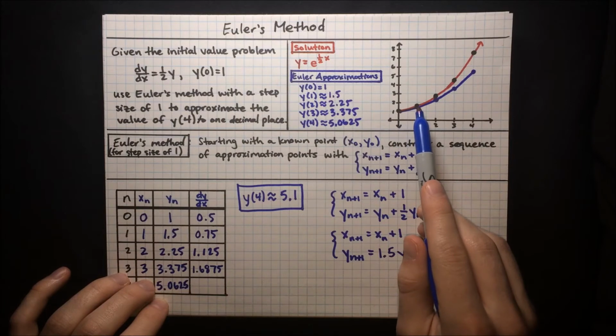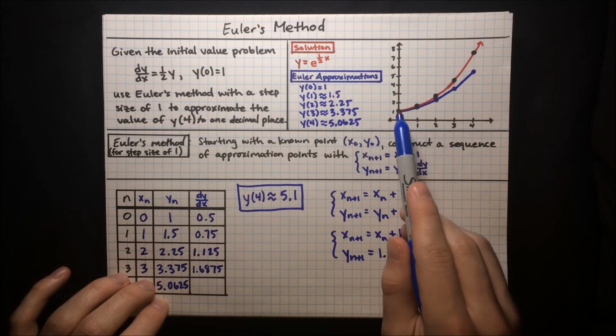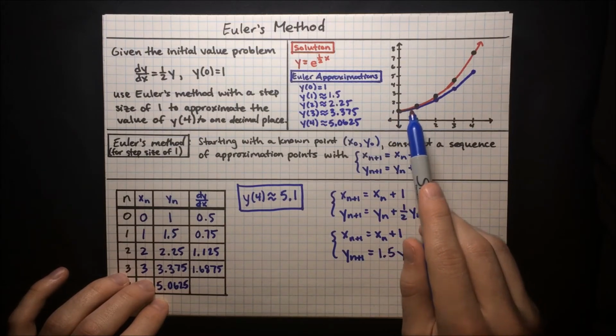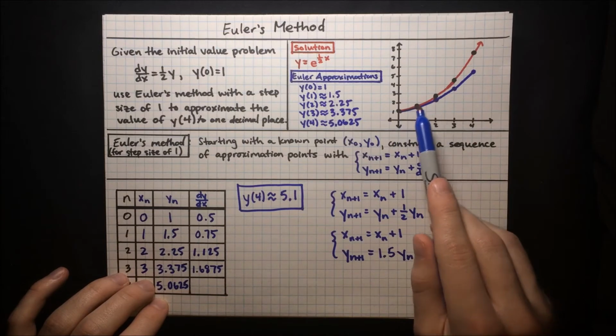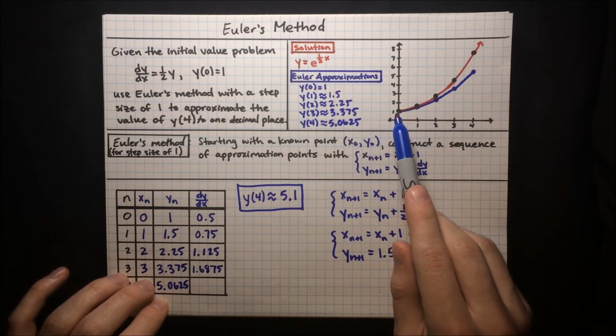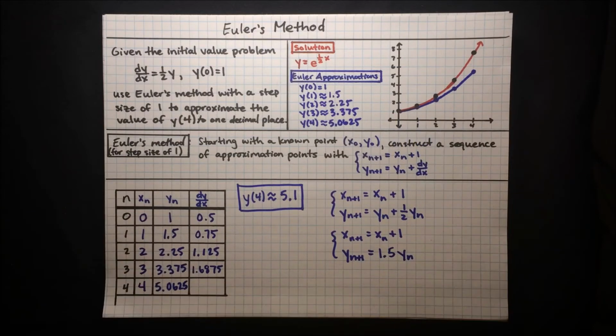With big step sizes, you're using the derivative at a single point and just assuming that the derivative doesn't change throughout your whole step. But it really does. The derivative is changing throughout each step, and if you decrease the size of the steps, you get to pick up on that change in the derivative, and the result is a more accurate approximation.